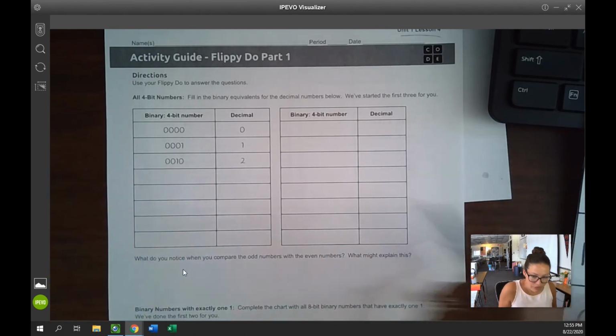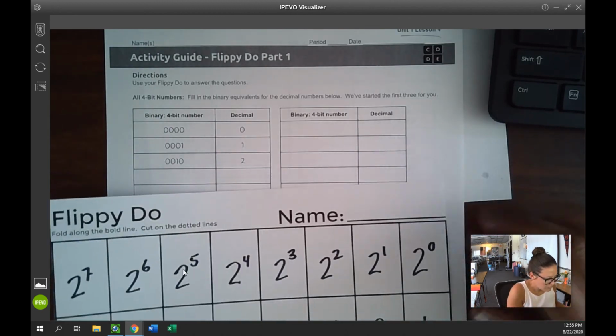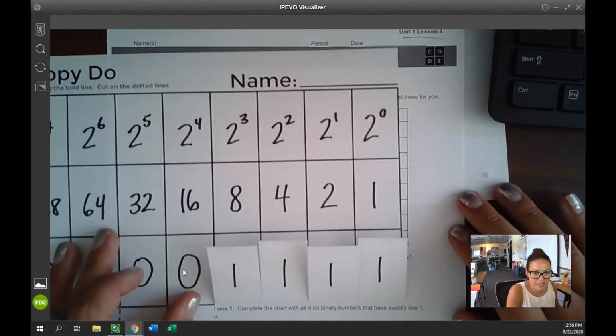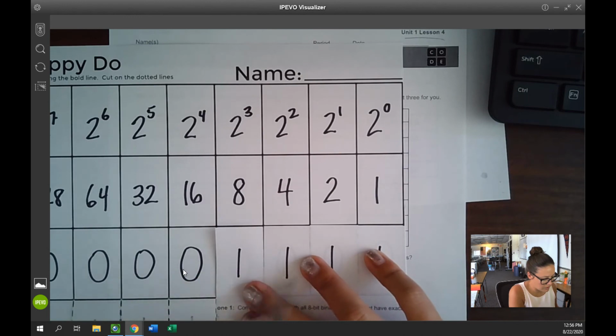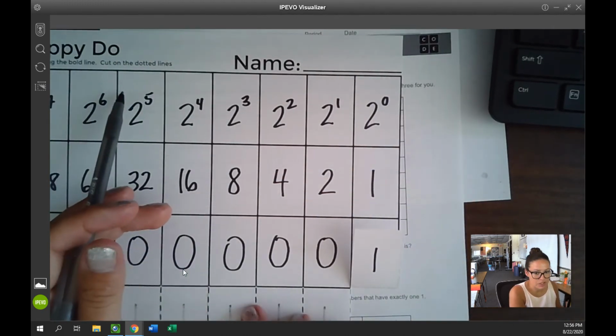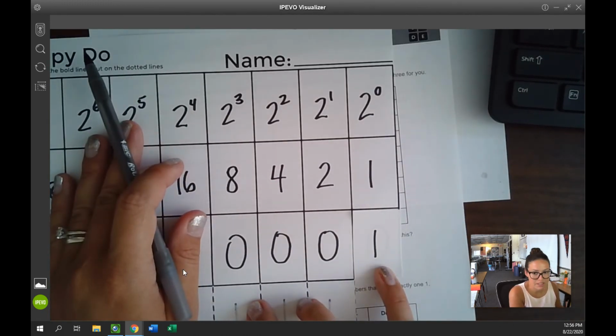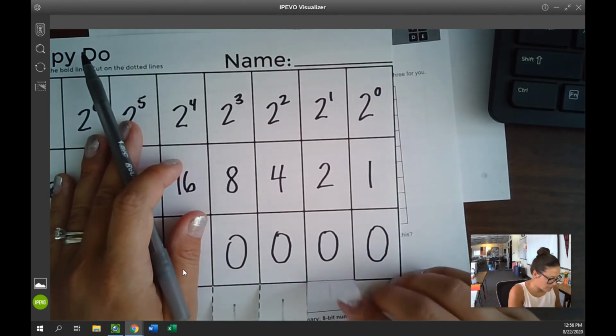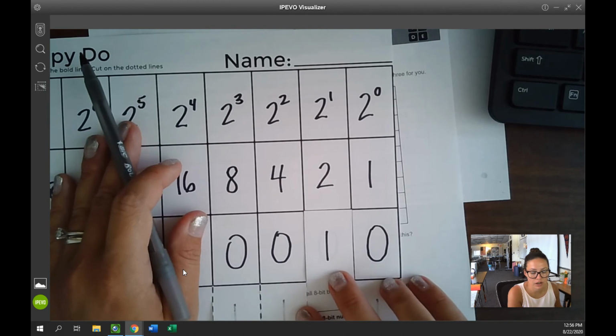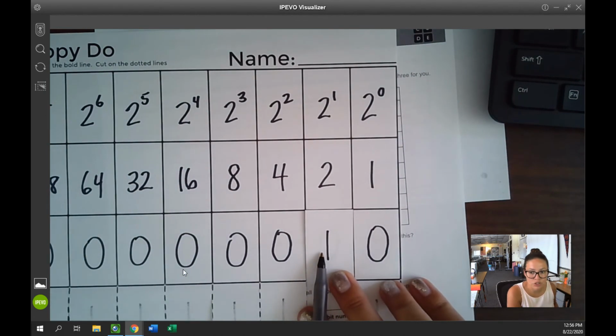And remember, on our Flippy-Do, our first 4 place values represent 1s, 2s, 4s, and 8s. So if I have 0, 0, 0, 1, that means I just have a 1. To write a 2, that means I just want a 1 in the 2's place value. So 0, 0, 1, 0.